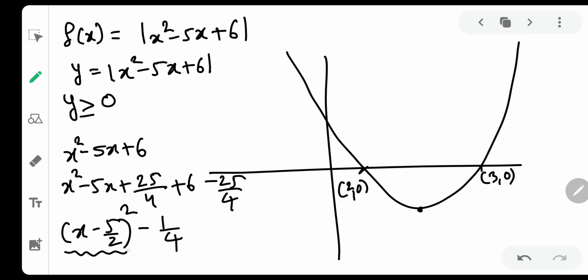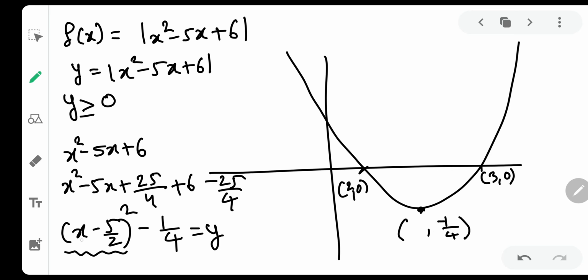So this square value can go up to infinity, but its minimum value will be 0. So the minimum value of y, because this is nothing but y, will be 0 − 1/4, which is −1/4.